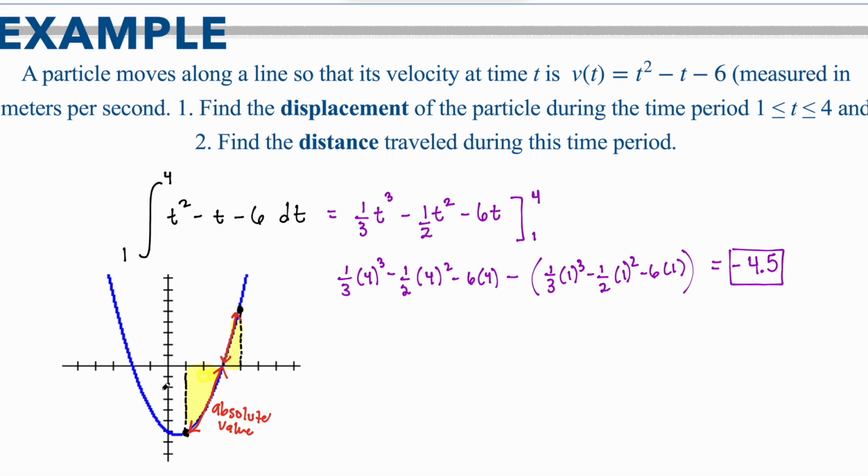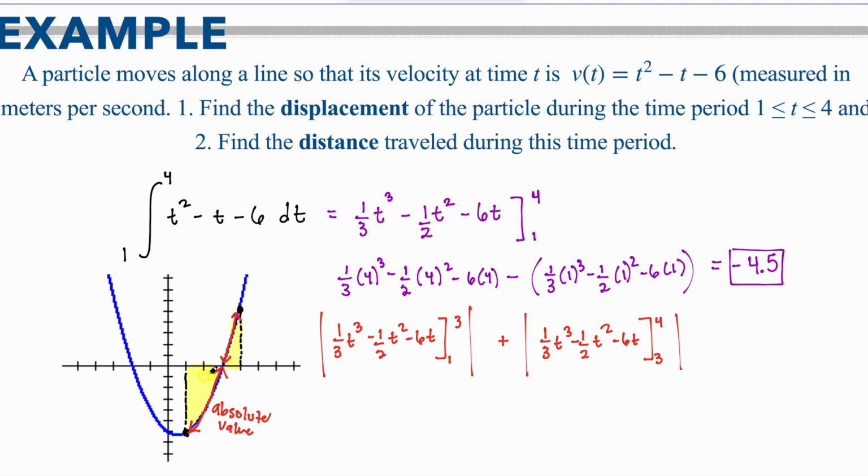So what I'm going to do is, since it crosses the x-axis at 3, I'm going to take my function and I'm actually going to go from 1 to 3, okay? Take the absolute value of that answer, and I'm going to add that to the absolute value as going from 3 to 4.